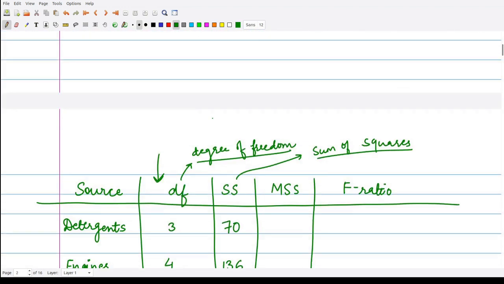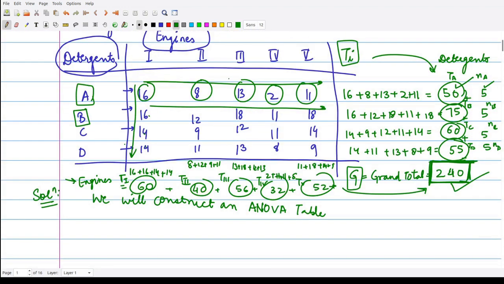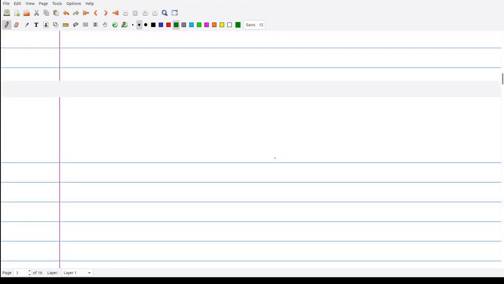Now what are your data values? The data values, they are 16, 8, 13, 2, 11, 16, 12, 18, 11, 18. So for every one of these digits, you have these values. So let's write this down over here.